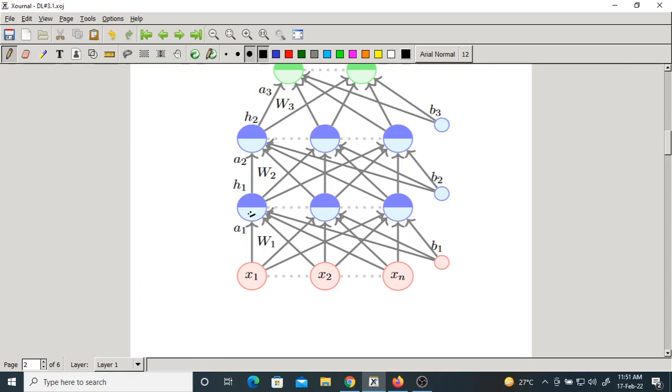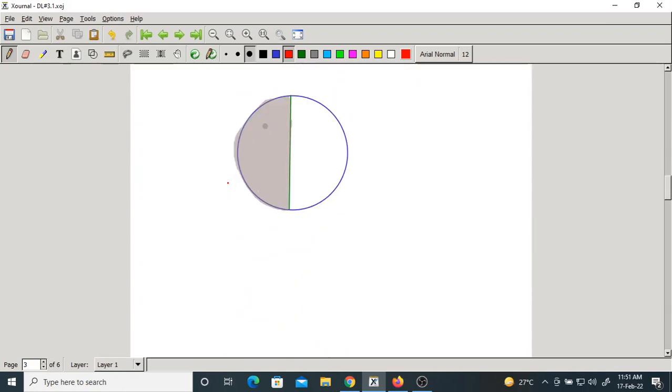So this light blue region, this a1, means the vector in the light blue region for all n neurons. What is h1? That is this dark blue region. That's why they are vectors. Is it okay? So for each neuron we have a light blue and a dark blue part. The light blue region is the pre-activation and the dark blue is the activation. So a1, h1; similarly ai, hi for another layer.